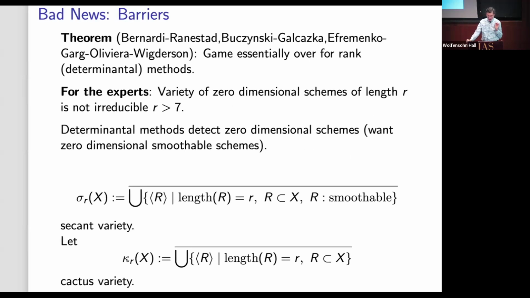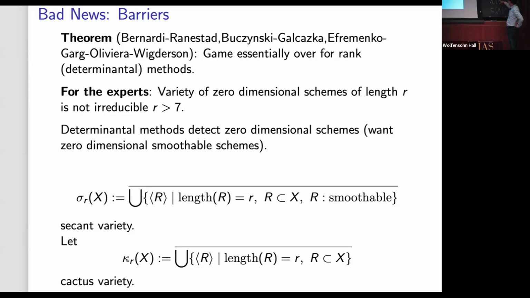They are both subvarieties. We have just any variety X in a projective space. Then its cactus variety lives in the same projective space, and we have the secant variety that lives in the same projective space. And this is what we were talking about. The points on the secant variety are points in the span of R points on our original variety, or in the Zariski closure of such.